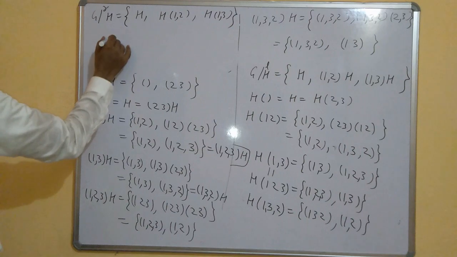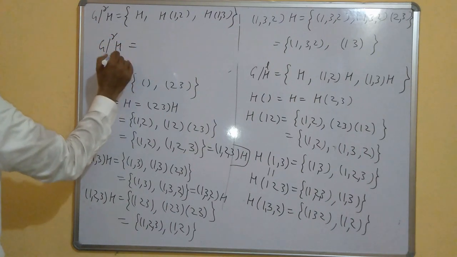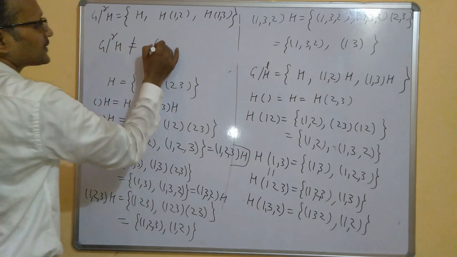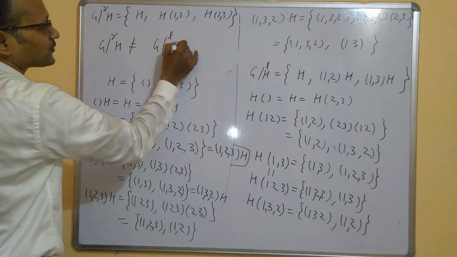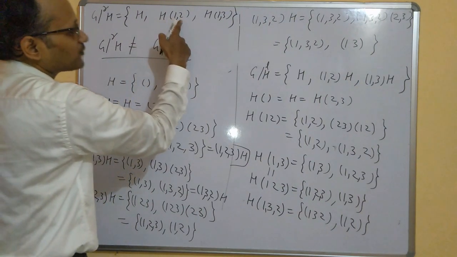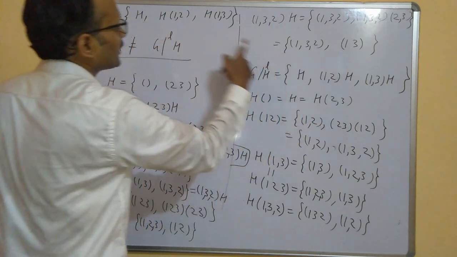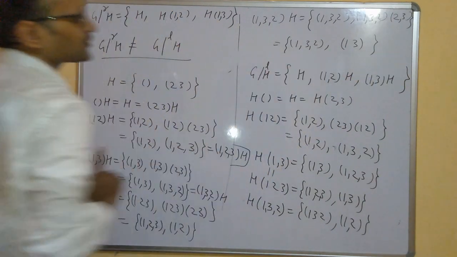But as you can see, the set of all right cosets of H is not equal to the set of all left cosets of H. Why is it happening? Because H(1 2) is not equal to (1 2)H and H(1 3) is not equal to (1 3)H.